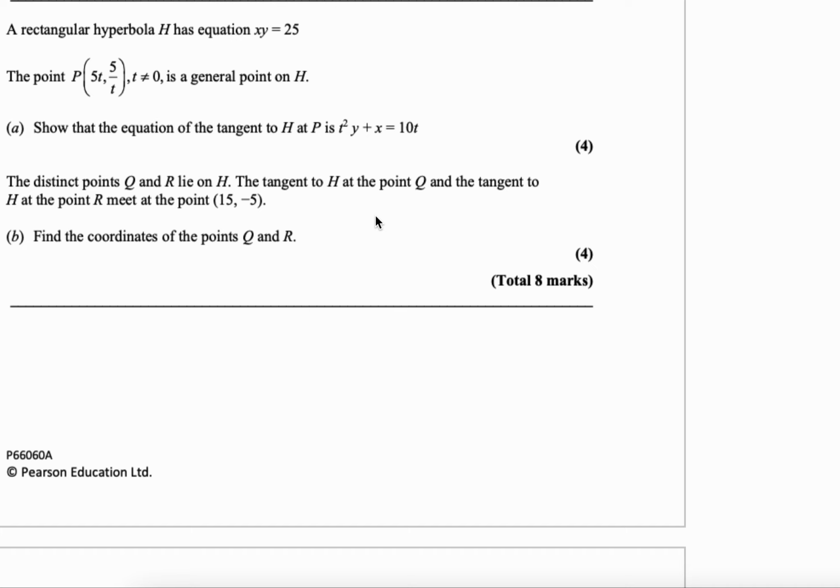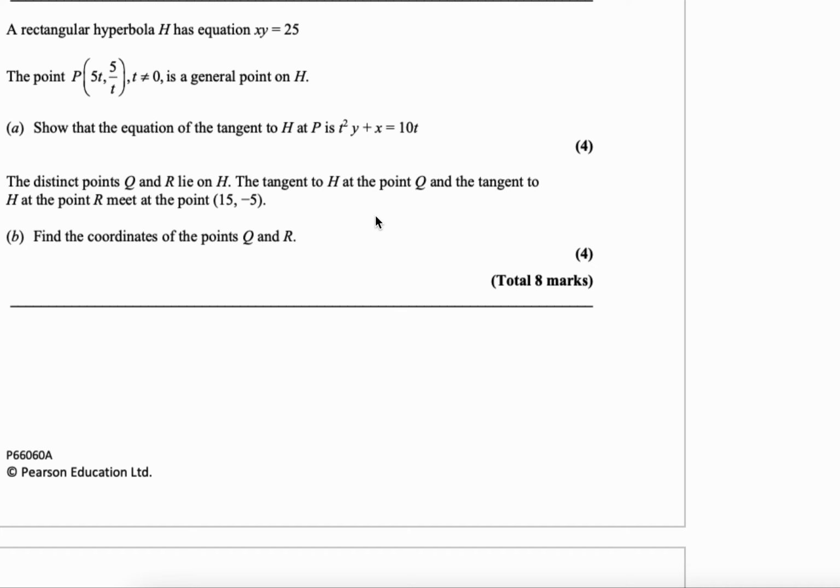The rectangular hyperbola H has equation xy equals 25. The point (5t, 5 over t), where t is not 0, is a general point on H. Show that the equation of the tangent to H at P is that. All right, so how do we do that? How do you find the gradient?